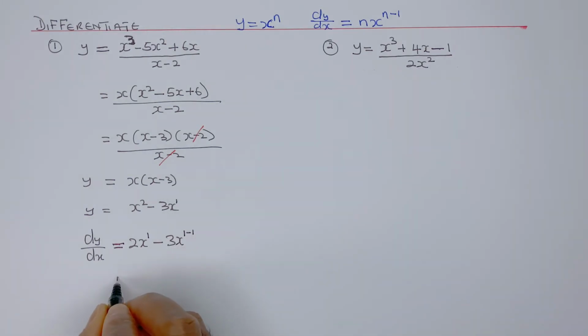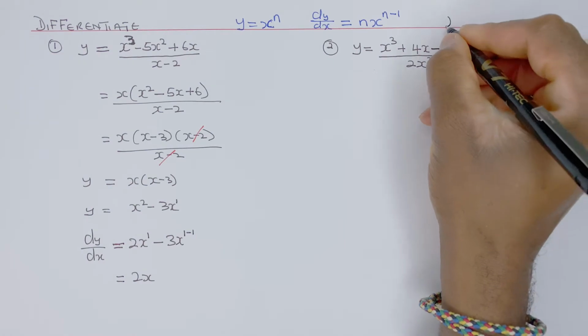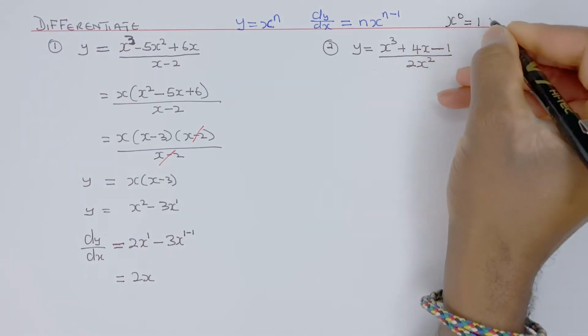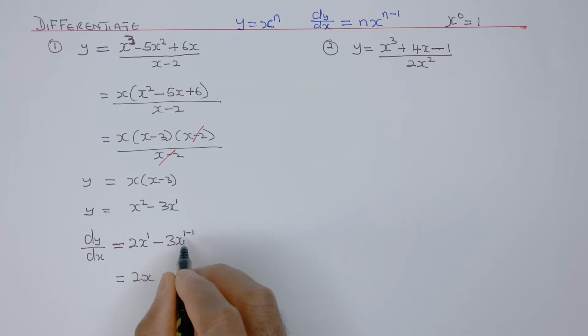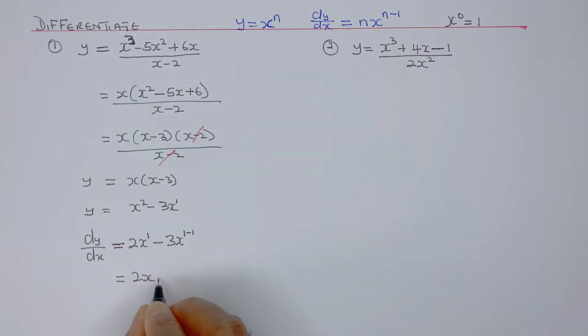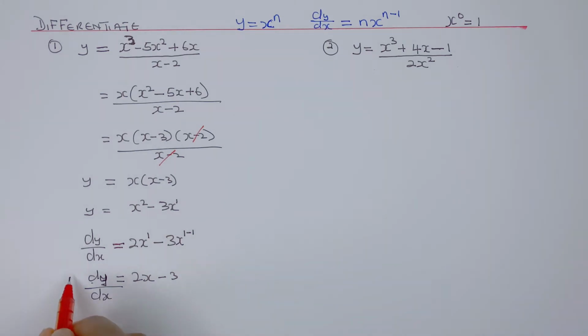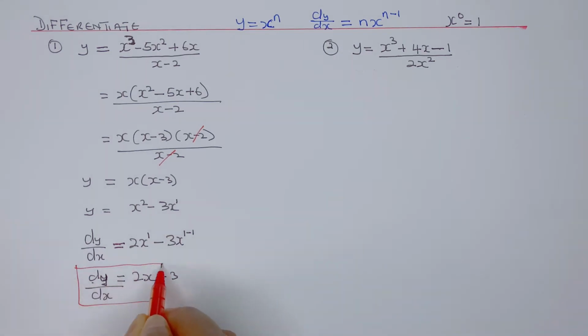Well, x to the power 0 equals 1, so 1 times minus 3 is minus 3. And that's dy/dx. And that's the solution for that.